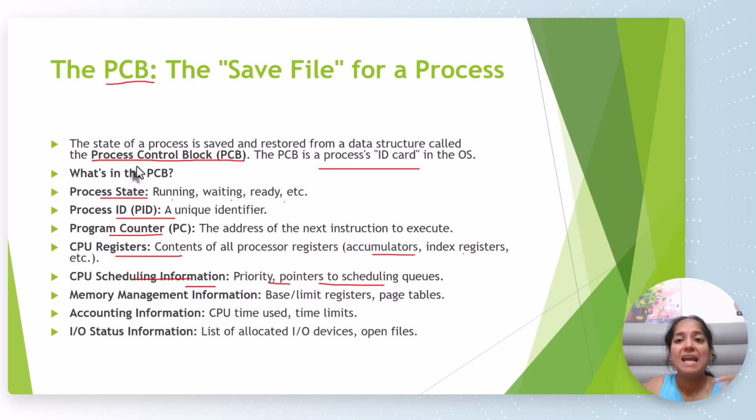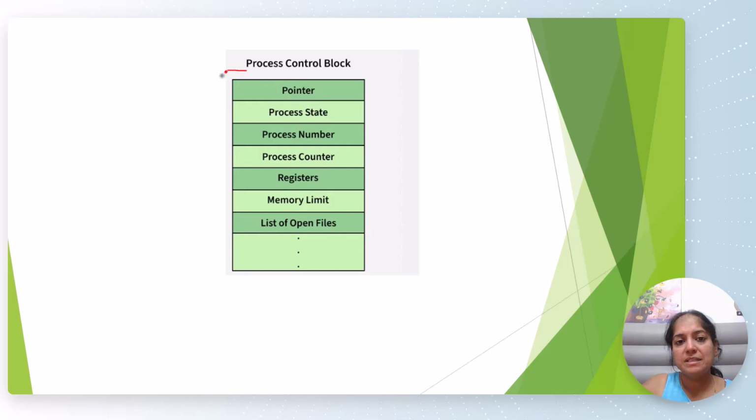Everything related to the process is stored in the PCB for the context switching, so that whenever the CPU has to load the process again, it reads the information from the PCB and loads accordingly. The PCB has all this information, like process pointer, process state, process number, program counter, registers, memory limits, list of open files, and so many other things.